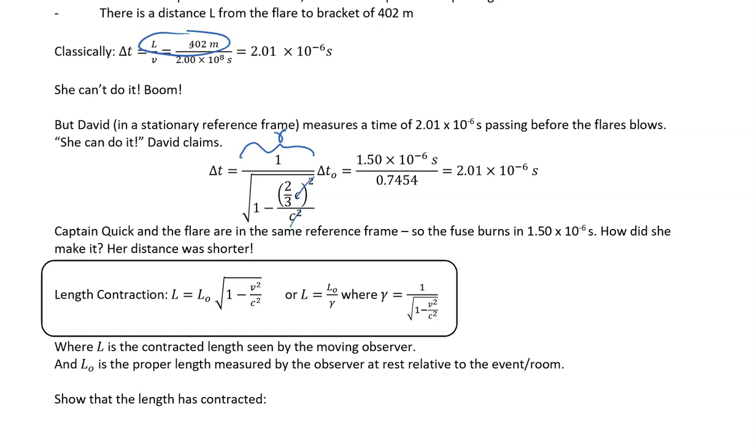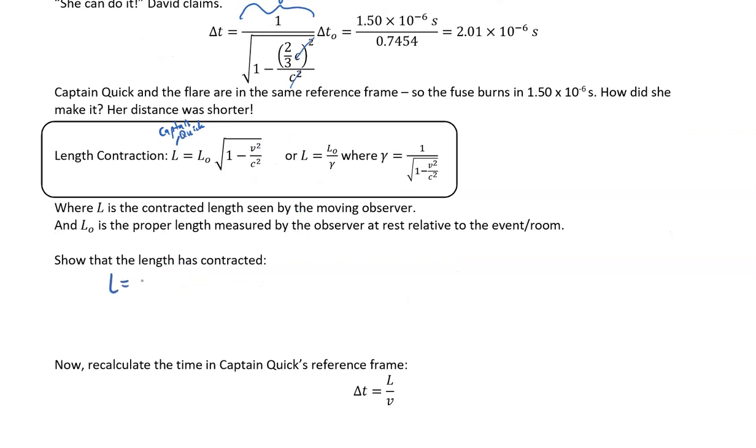So the length that is actually being seen by Captain Quick is shorter than the other value. If you think about this, if we put in 1 minus this was at 0.74, so it's 0.7454 times 402 meters. That gives us the length that Captain Quick actually had to travel. Let's go ahead and calculate that.